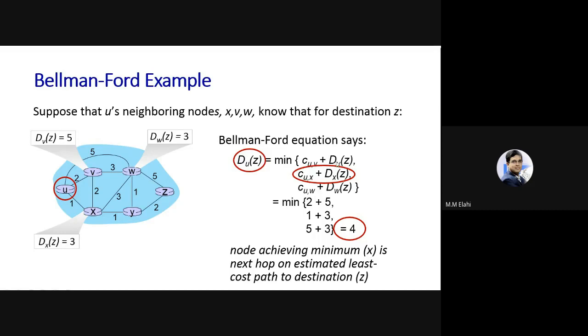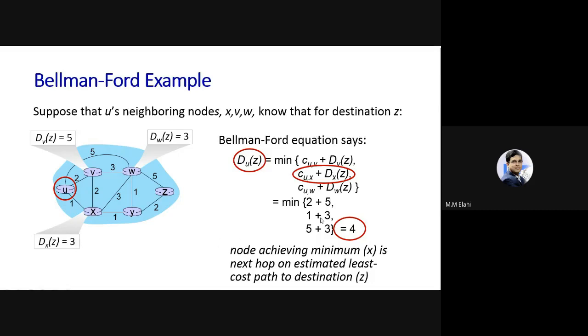And the value from v to z, that is the estimated value, that is not c, that is not the direct cost. That is an estimated value. Who will estimate? V, and then v will inform you. But suppose you got the value from v, so it will be 2 plus 5. Clear? Then for x, u to x is 1, and from x to z is 3, as x informed you.